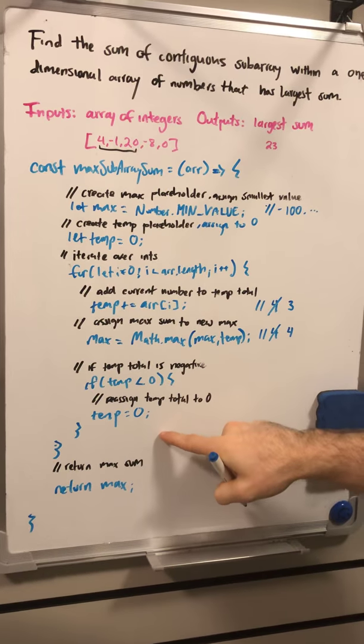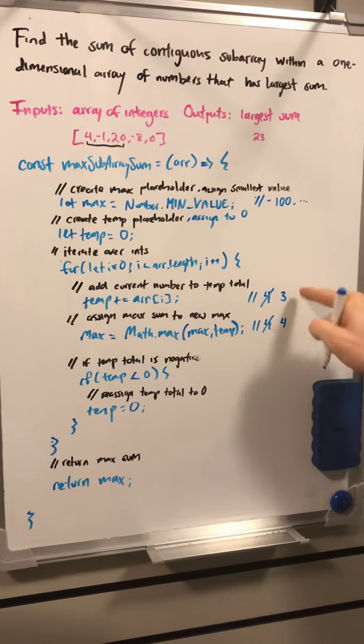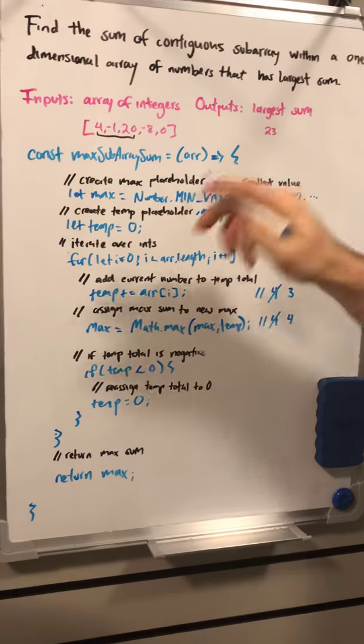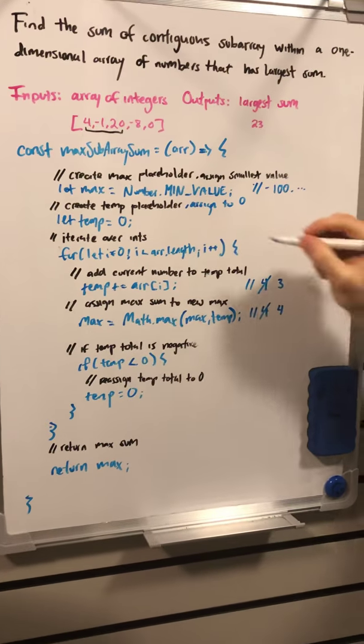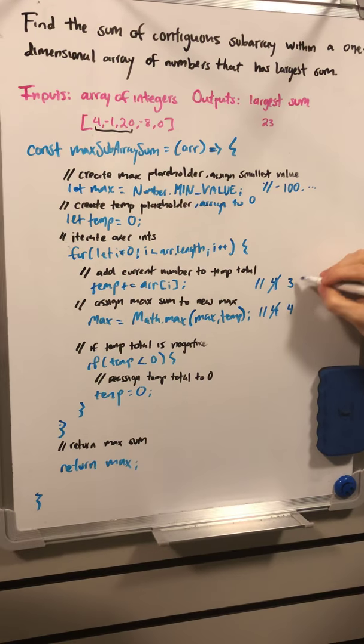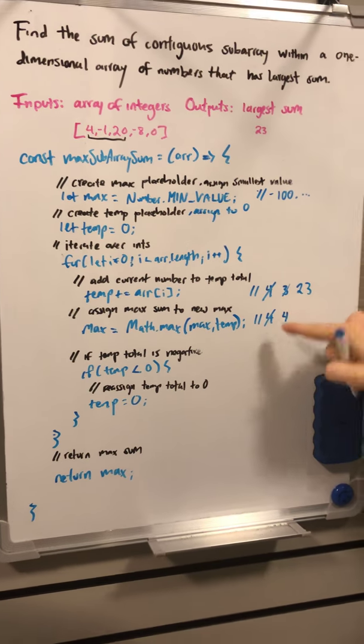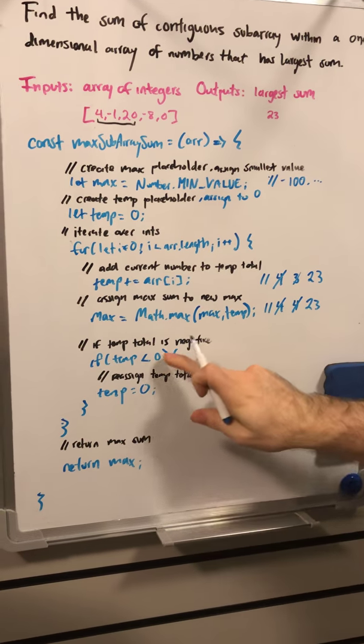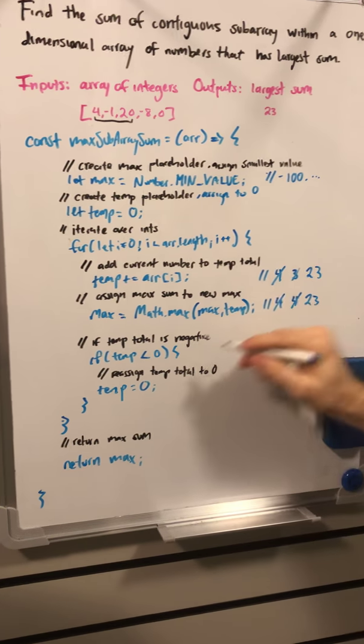We ask the same question. The temp is 3, so it's not lower than 0. So then we go to the next, which is 20. We add 20 to 3. That gives us 23. Between 4 and 23, we pick 23. And then we ask, is 23 lower than 0?